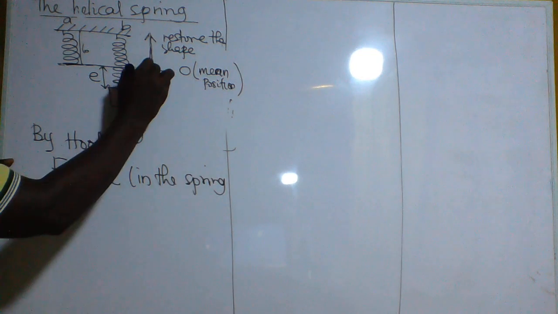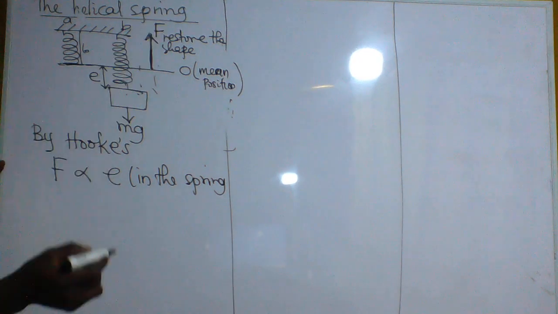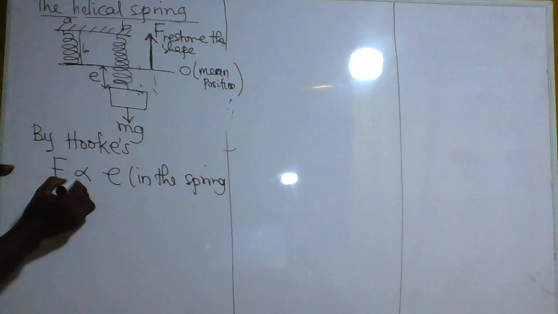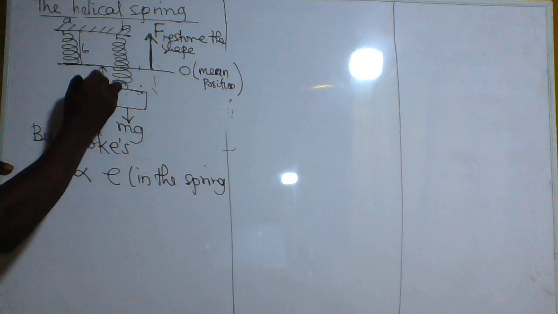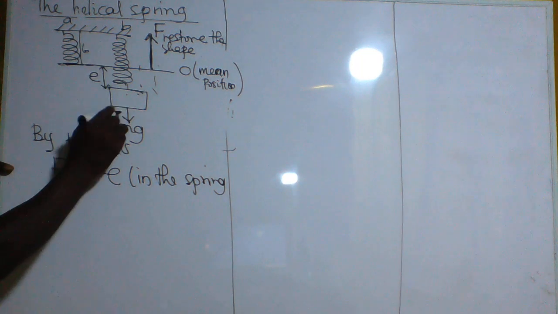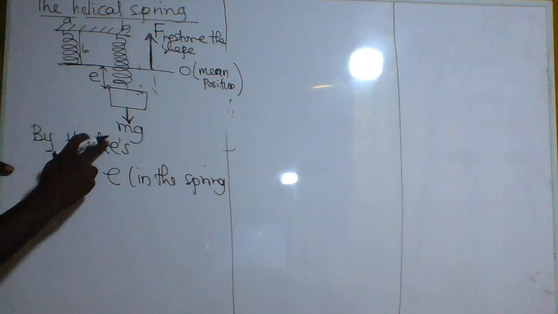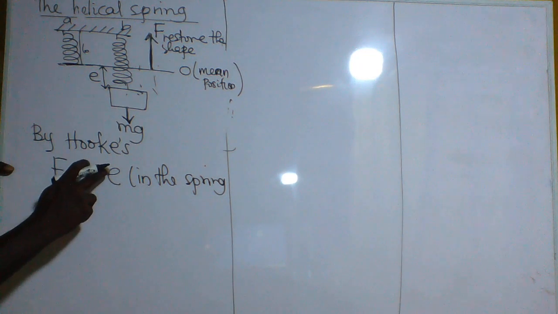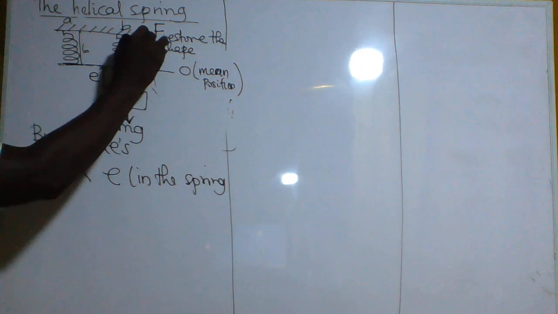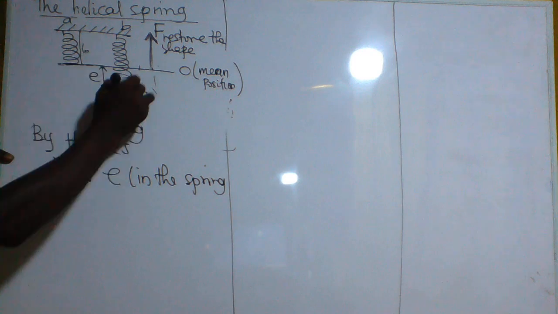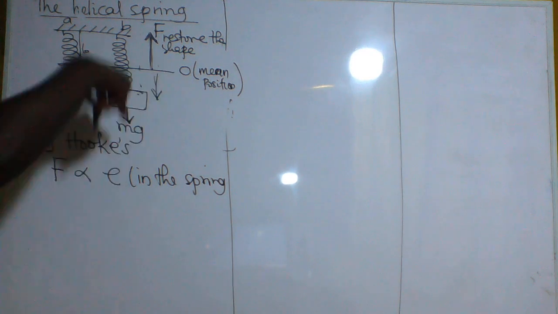This restoring force upwards, F, Hooke's law is saying, is always directly proportional to the extension E when the load or mass is connected to the spring.